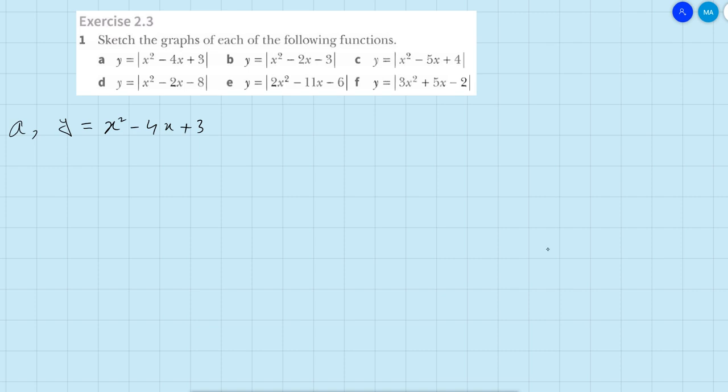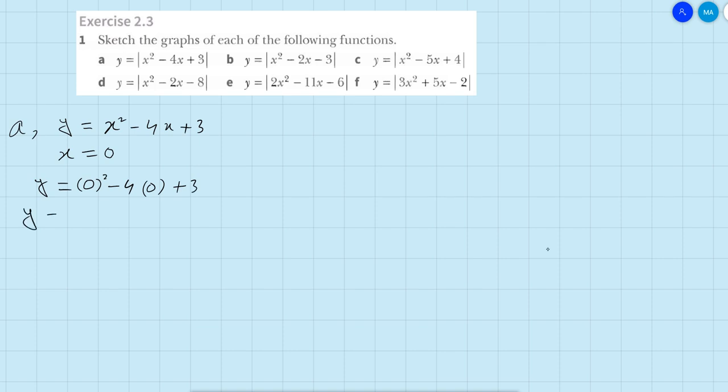How to find the y-intercept? We have to put x equals 0. This is the first step. We have to do this in each and every part of question number 1. So y equals x square, meaning 0 square, minus 4 into x, x is 0, plus 3.